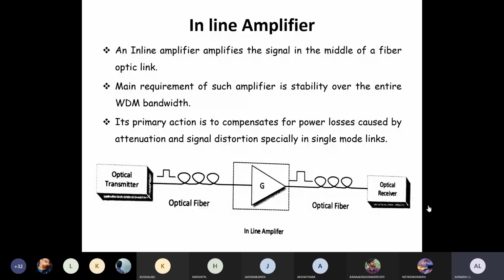In that case, the inline amplifier will check how much energy, or it will set a criterion from that amplifier to the optical receiver. If I have this particular amount of gain, the received signal will be the same as the transmitted signal. That intelligence we need to create and feed into the amplifier. How do we do it?